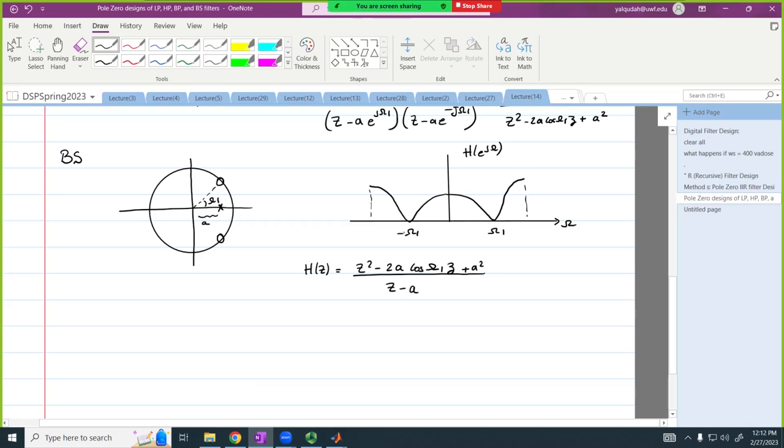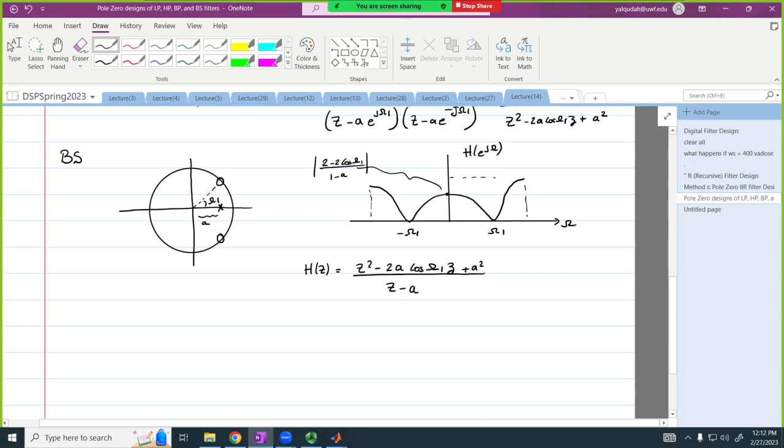Again, we'll do a numerical example where we are interested in removing a particular frequency, and we'll see where we place the A. If there's no other requirements, you might choose the A based on the gain of the filter. We know this magnitude here is equal to 2 minus 2 cosine omega 1 divided by 1 minus A. So you might choose the A so it gives you a certain gain at that frequency.